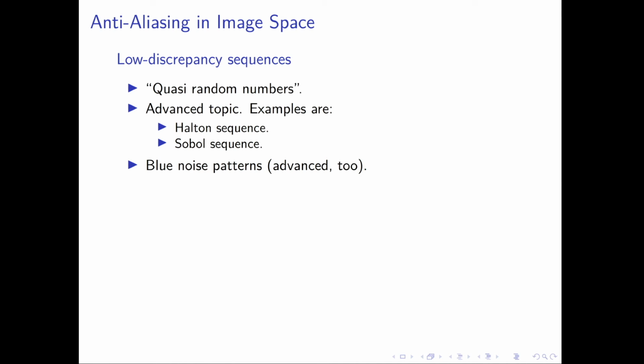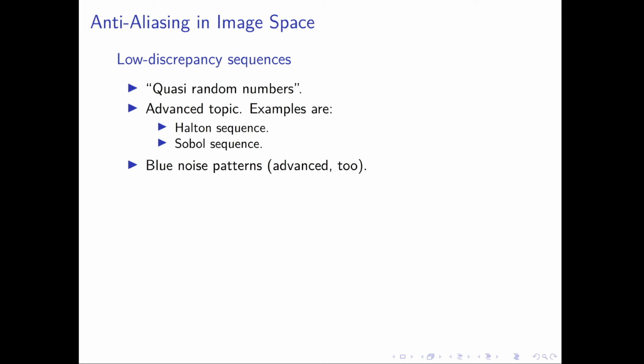As a matter of fact, there's a whole research branch that is concerned with finding low discrepancy sequences that minimize the discrepancy. And like I said, there are opposing objectives here, as we, on the other hand, want the signal to expose some kind of randomness. Therefore, one type of low discrepancy sequences are so-called quasi-random numbers.